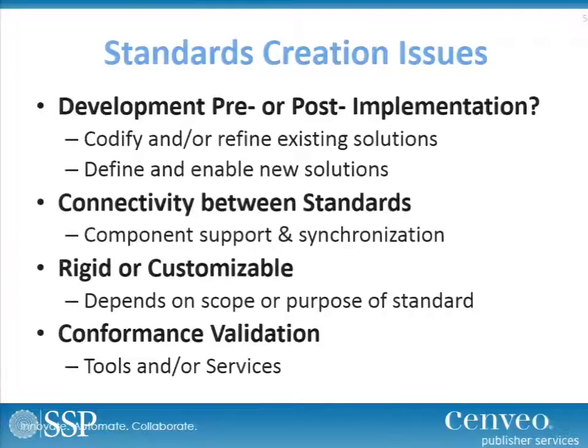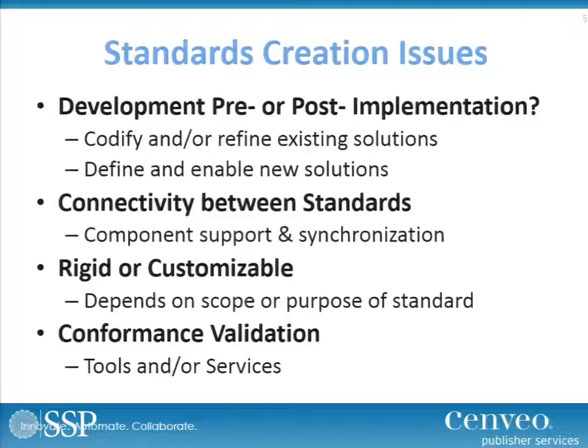Also, is the standard rigid or customizable? How broad a range of implementations can there be? Looking across a broad range of standards, another interesting component is what provision there is for validation and conformance, which can help drive the success of community adoption.